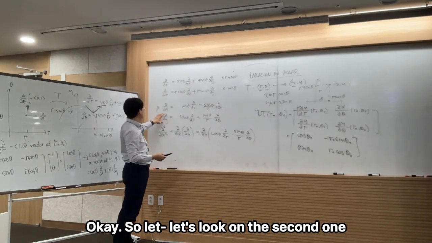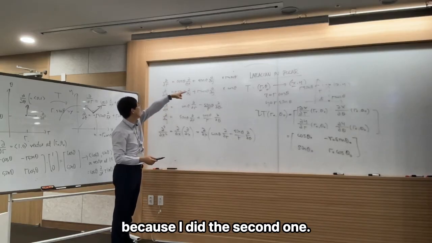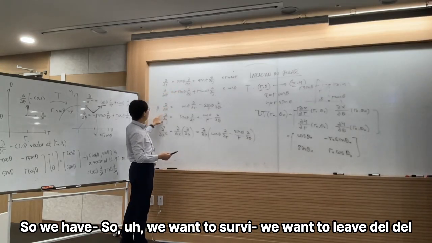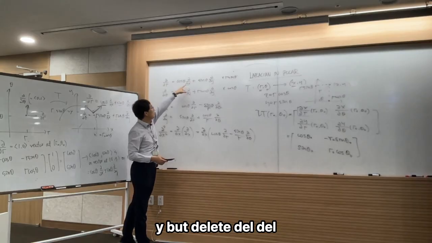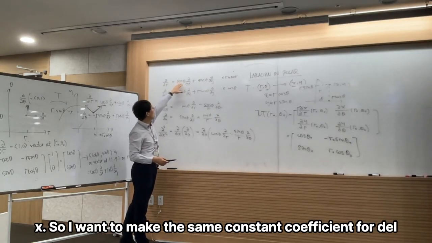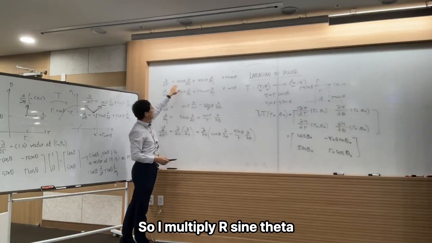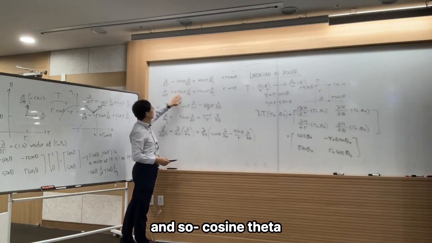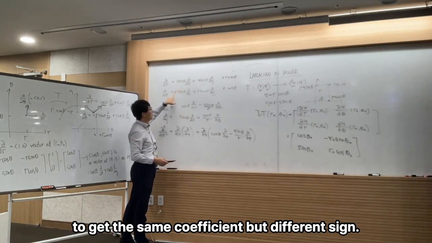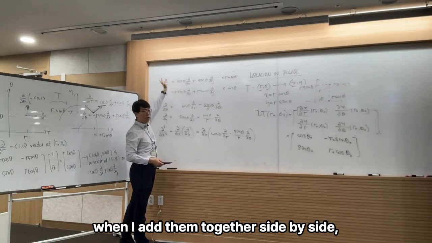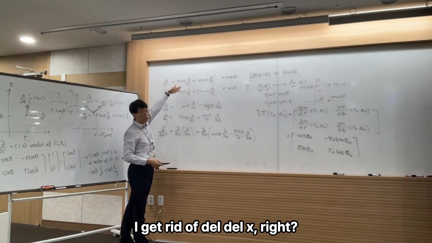Okay, so let's look at the second one, because I did the second one. We want to survive ∂/∂y but delete ∂/∂x. So I want to make the same constant coefficient for ∂/∂x here, but with a difference in sign. So I multiply r sine θ and cosine θ to get the same coefficient but different sign. When I add them together side by side, I get rid of ∂/∂x, right?